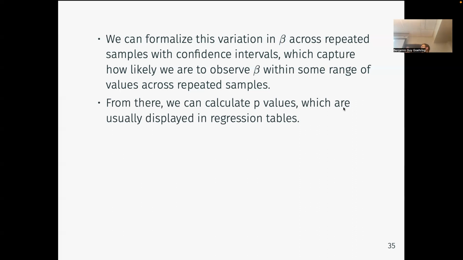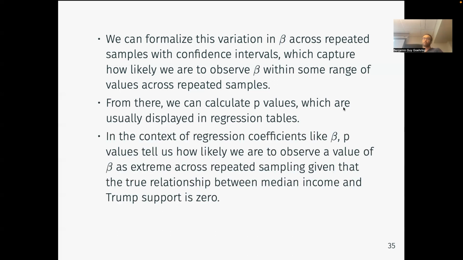Another thing, Eleanor, I think you brought these up a few meetings ago, is another thing that you often see as a way of expressing confidence in an estimate is a p-value. And a p-value is telling us, let's go with our slope of -2.52.